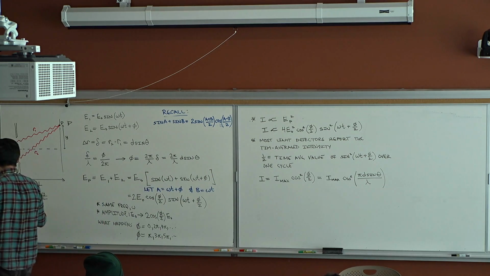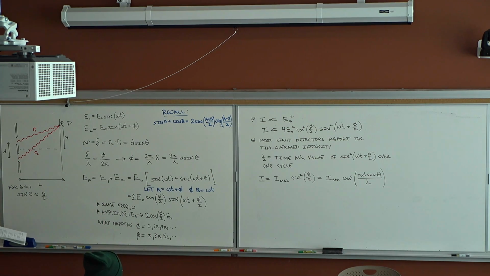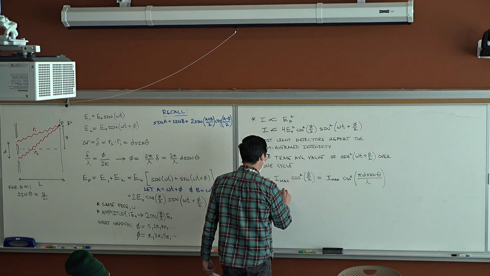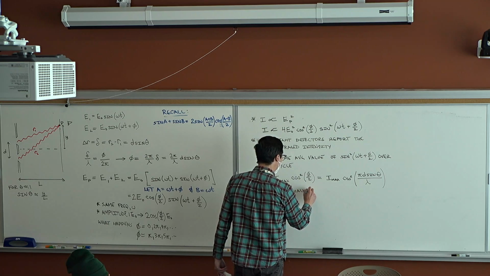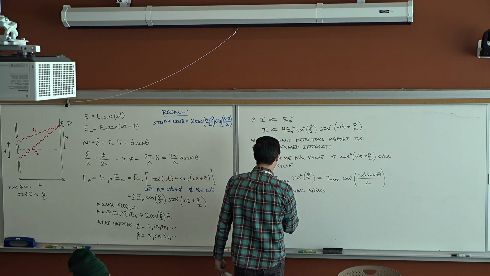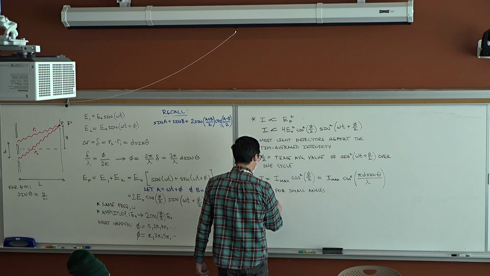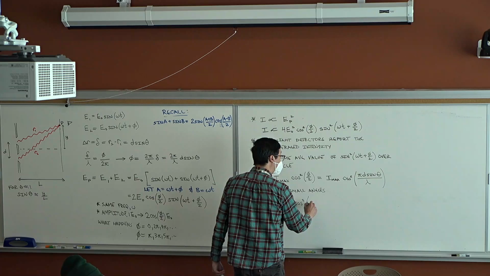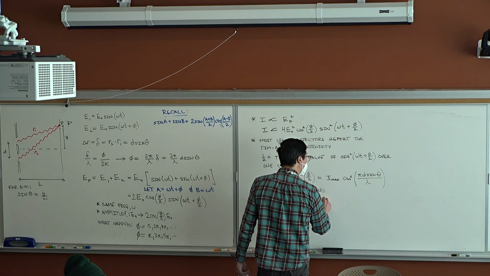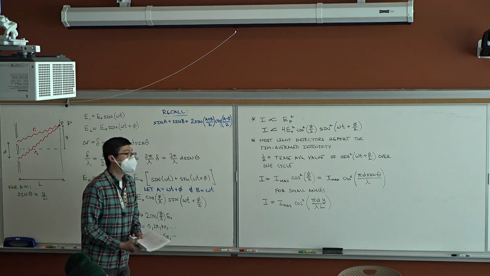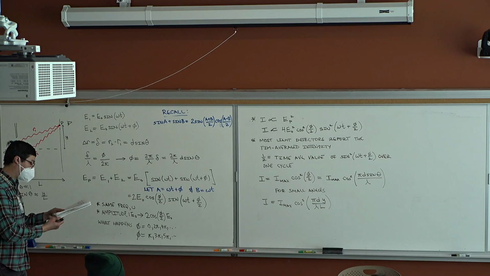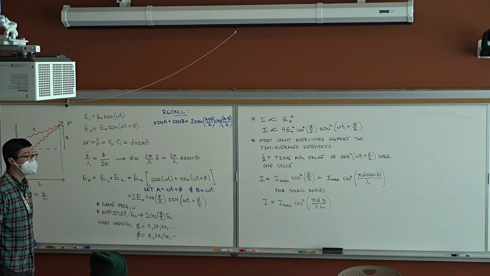Since for small angles sine of theta looks like y over L, we can say that for small angles, I looks like I max times cosine squared of pi d y over lambda L. Modulo order, it looks the same as my notes.